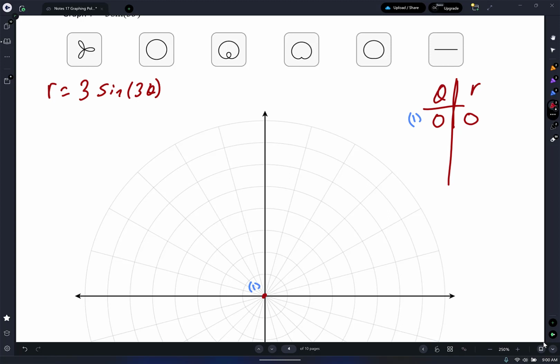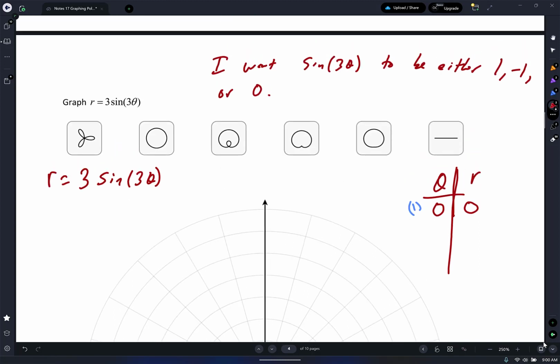All right. Next, what do I want? I want to get this to be 1. I guess I could also do -1 as well. I want sine 3 theta to be a 1. The only way to do that is if theta is pi over 6. Can someone tell me why I chose pi over 6? Think about it, guys.